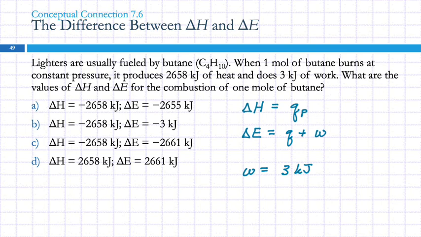It's negative because the reaction is doing the work as opposed to having the work done for it. And then we've got heat, Q of 2658 kilojoules. Says it produces that much heat. Positive or negative? It's putting out. Negative.